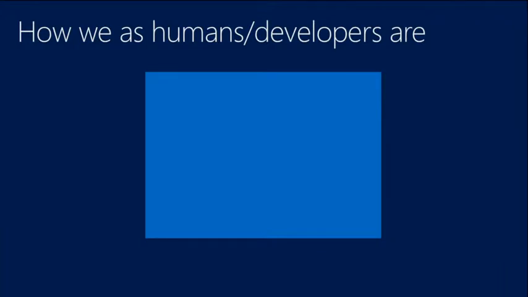I have a little observation here about humans in general, and definitely developers too. Some developers are acting like this to a project. The blue box here is the project, and the developer is totally filling it. Looks quite nice. The developer is doing every task that is needed in a decent way, probably.